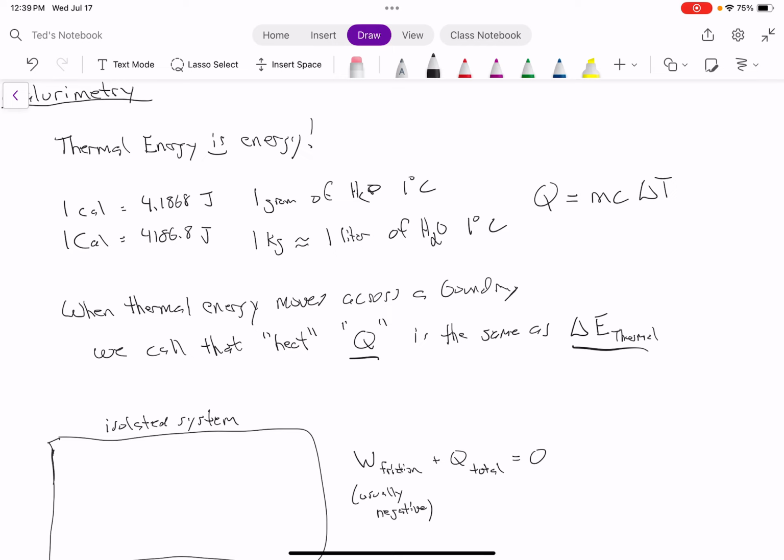For water, the specific heat is 4,186.8 joules per kilogram degree Celsius. So if you want to raise a kilogram of water by 5 degrees Celsius, you need 5 times 4,186.8 joules. Okay, so that is an important formula for this section.